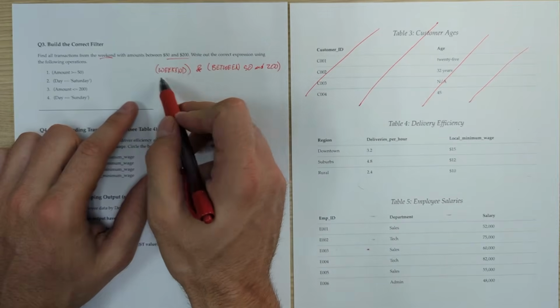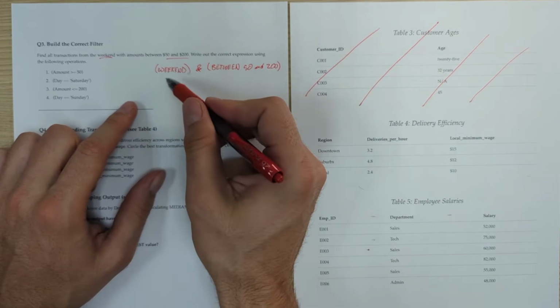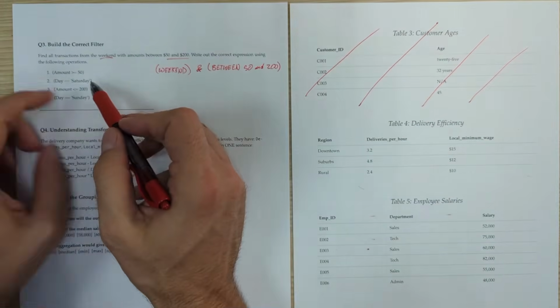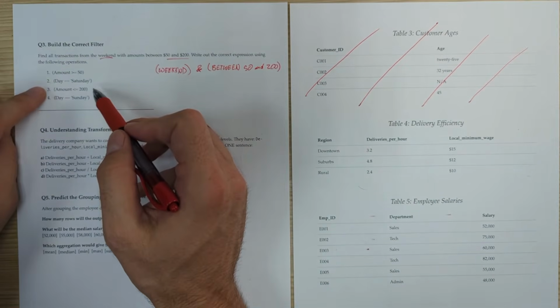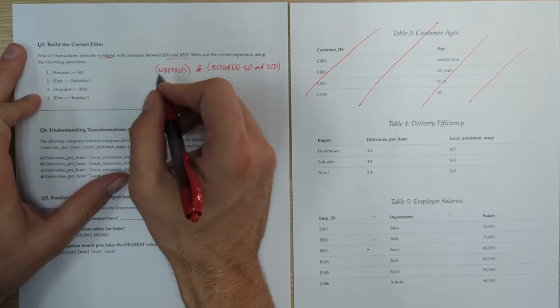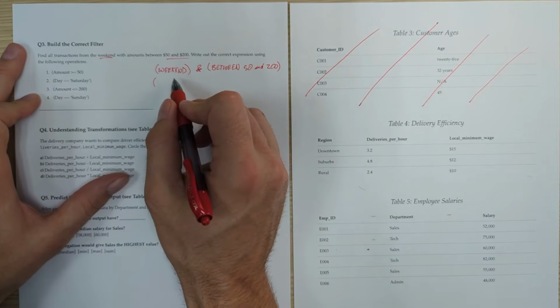The second thing is that we need it to be on the weekend. So we're going to write weekend in a more expanded form using these components. The second step here is to write what would need to be true for it to be on the weekend.